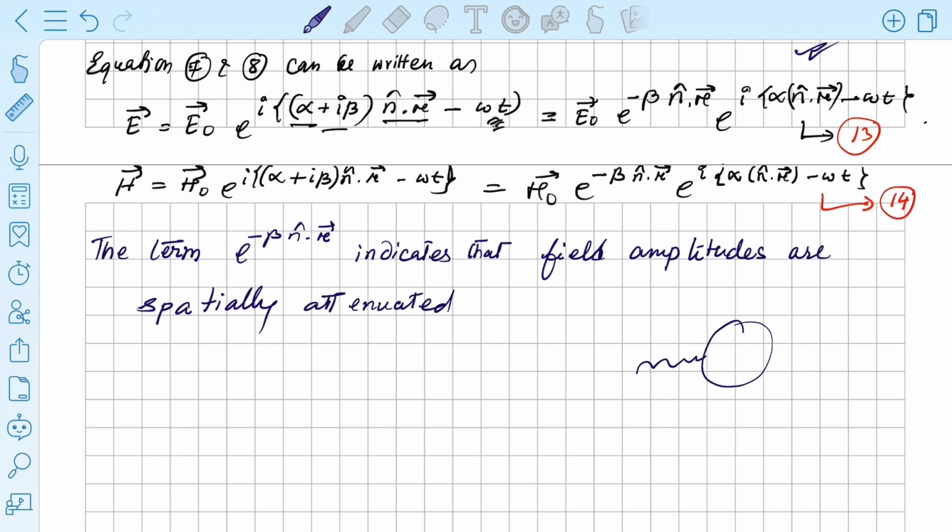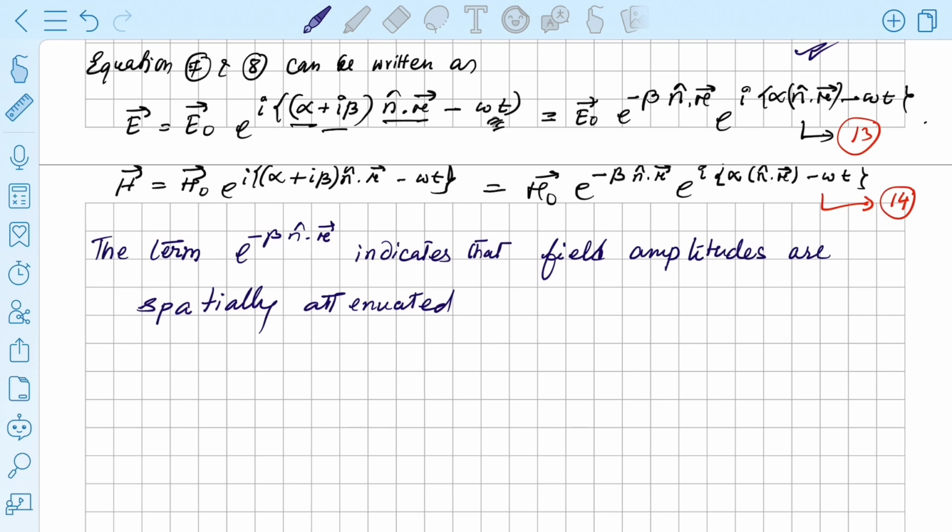So when the electromagnetic wave enters a conducting medium, the amplitude decreases, and it is able to penetrate up to a certain depth, which is called skin depth. We're going to discuss it in the next video.